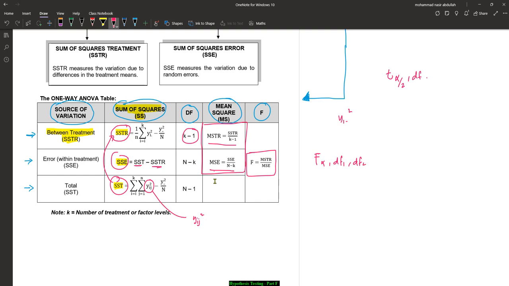Mean square treatment has its own degree of freedom, and mean square error also has its own degree of freedom. So we need to consider these 2 degrees of freedom. Degree of freedom number 1 is the degree of freedom for treatment. Degree of freedom number 2 is the degree of freedom for error. Right? Okay. So hope you understand the concept.